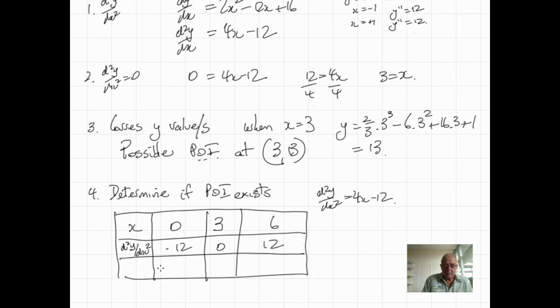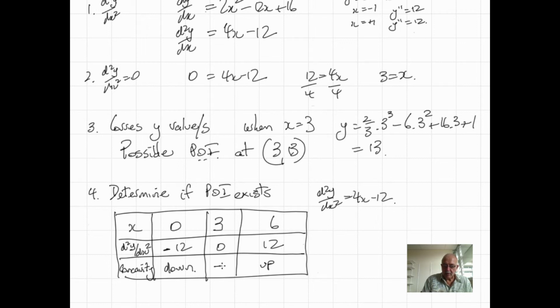Now, the second derivative tells us about concavity. When the second derivative is negative, it is concave down. And when the second derivative is positive, so positive 12, any positive number, we are concave up.